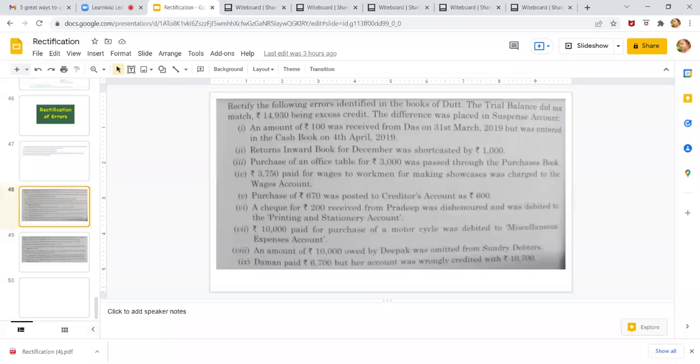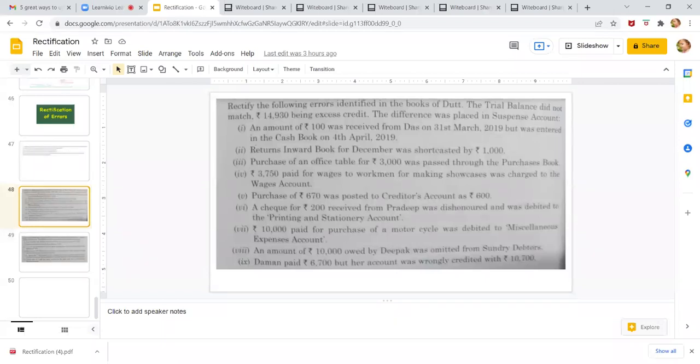In particulars, on the debit side, it's to difference in trial balance, which is given, and it's 14,930. And on the debit side, March 31st again, in particulars, it's to creditors account with the amount of 70.